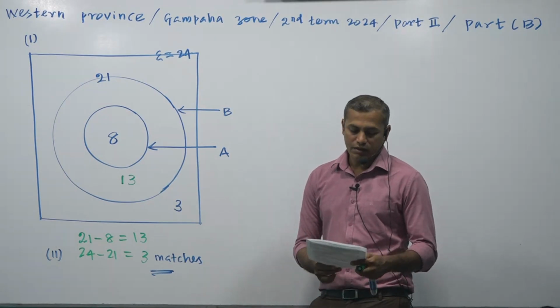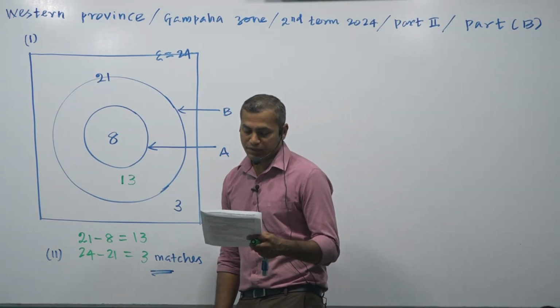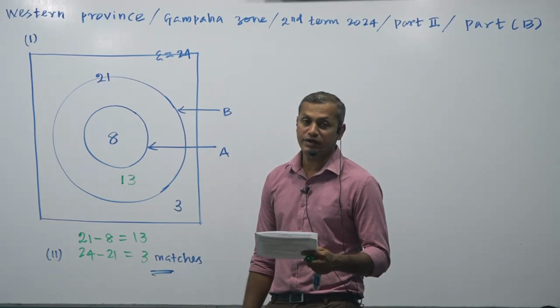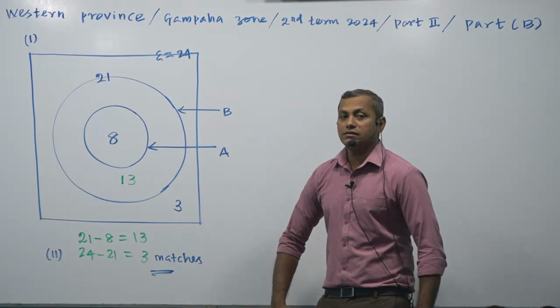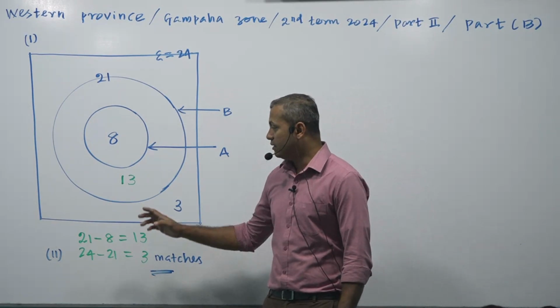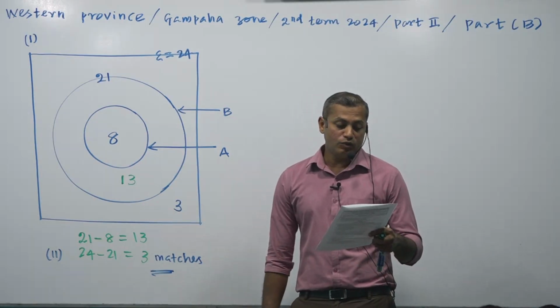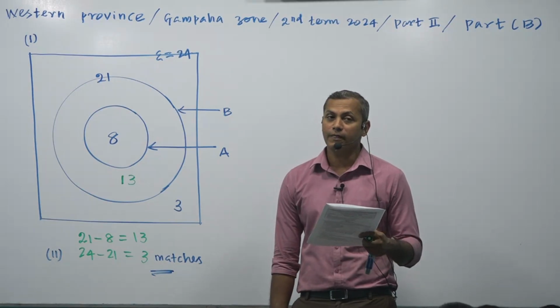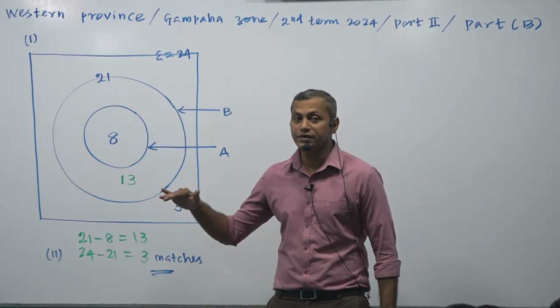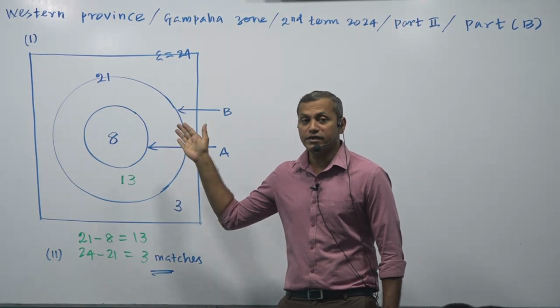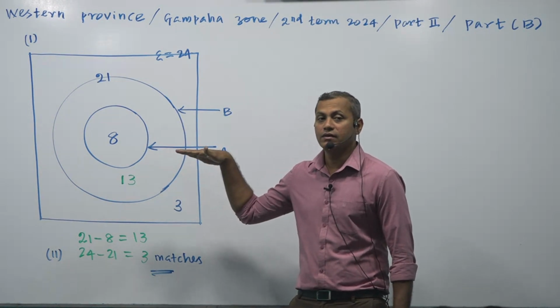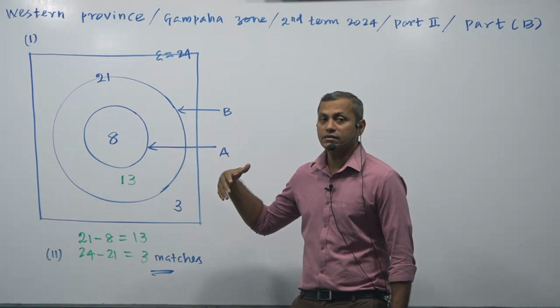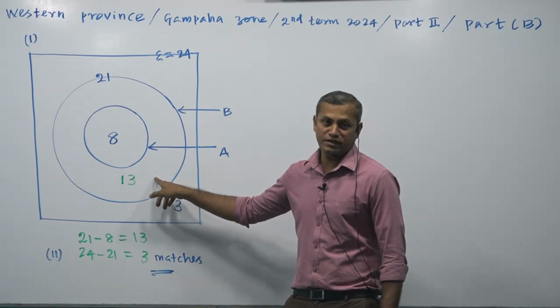Then write the probability of a match scoring between 50 and 99. Tell me. In how many matches has he scored runs between 50 and 99? Above 49 and less than 99. How many? 13. You understand?